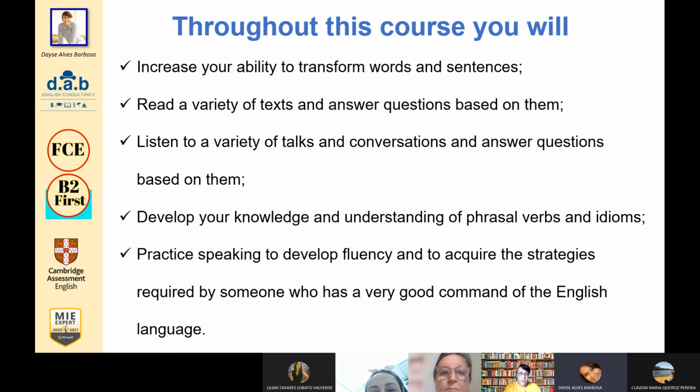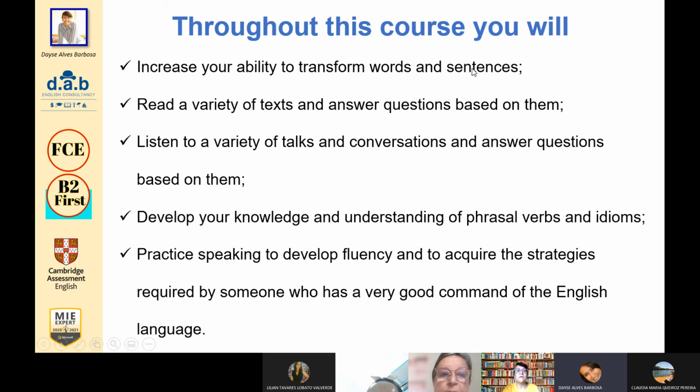We have a noun, we can transform this noun into an adjective or into an adverb. This is what they call word transformation. They give a word and they want you to read the sentence and use an appropriate transformed word based on that root one.